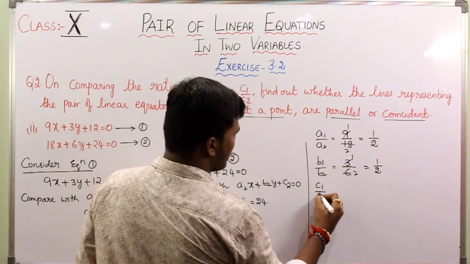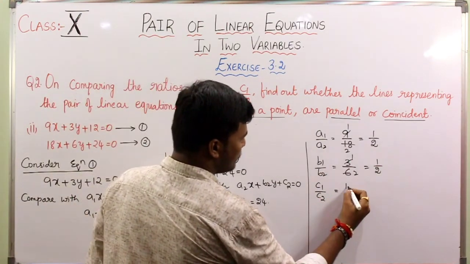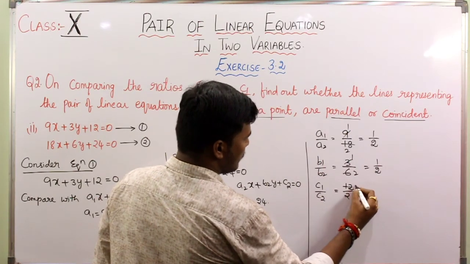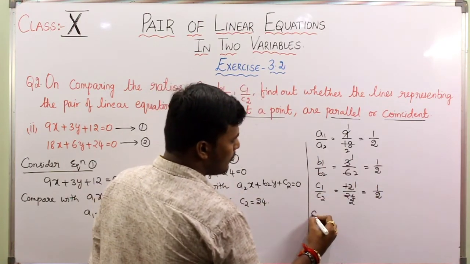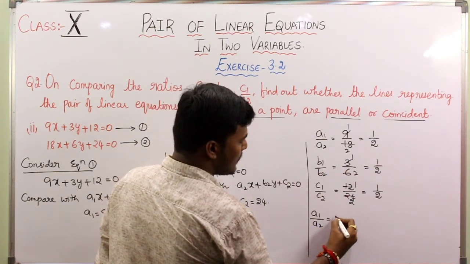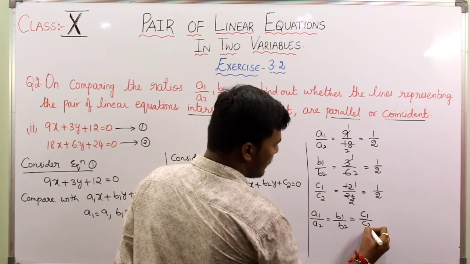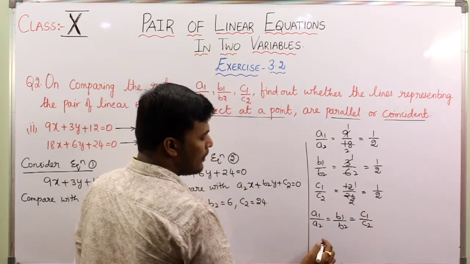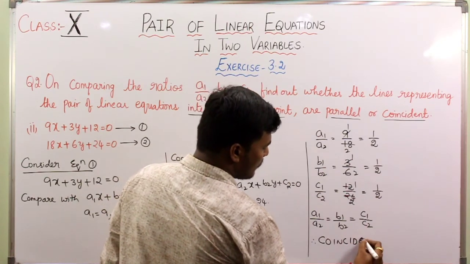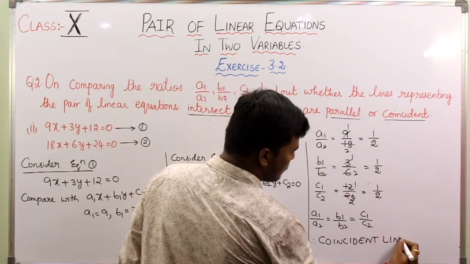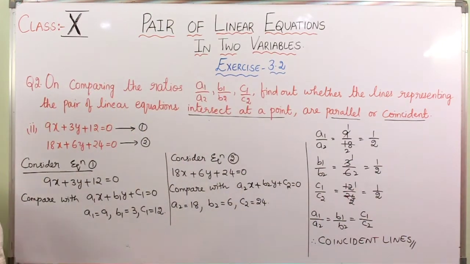Next one is c1 by c2, 12 by 24. 12 ones, 12 twos, so 1 by 2. So what we got now is a1 by a2 is equal to b1 by b2 is equal to c1 by c2. Therefore, what type of lines are these? Coincident lines.